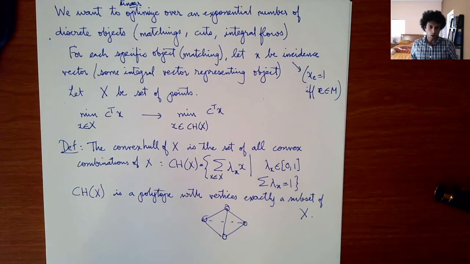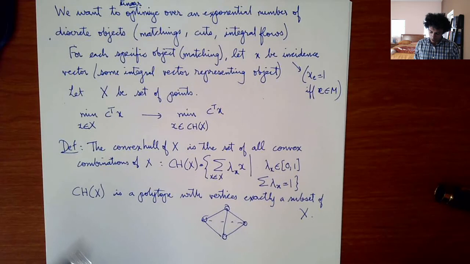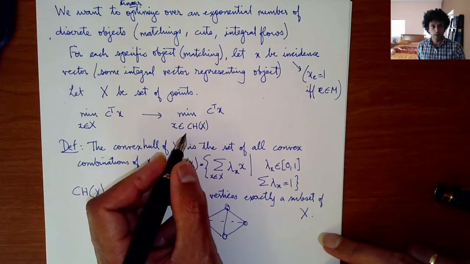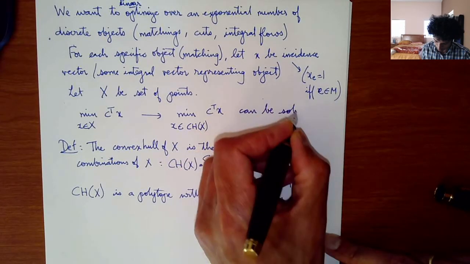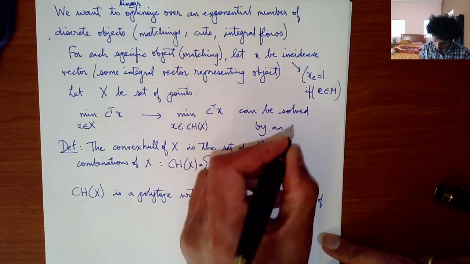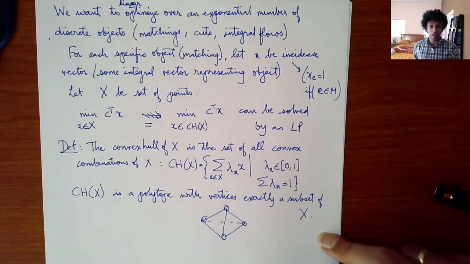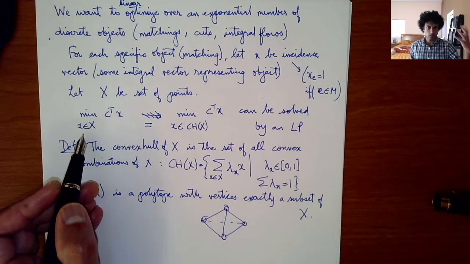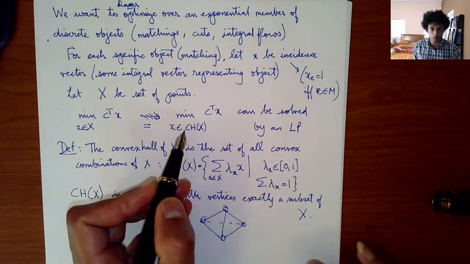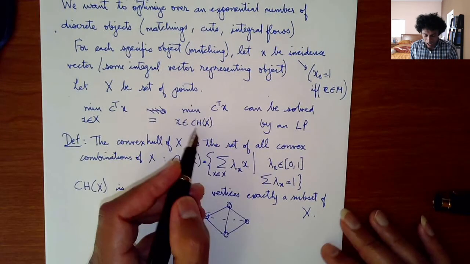A polytope can be defined both by the faces and by the vertices, as the convex hull of these. The nice thing is that this discrete optimization problem can be solved by an LP. But now you have a problem: how do you represent the convex hull of X?